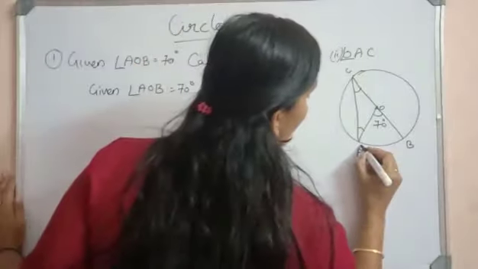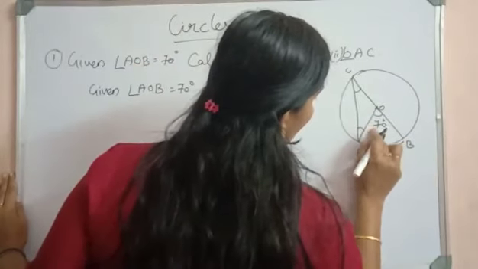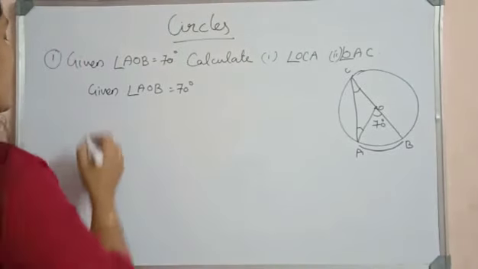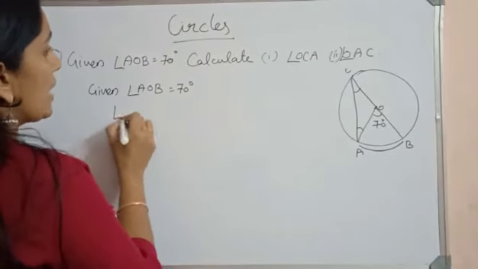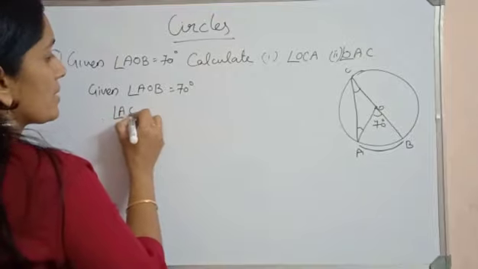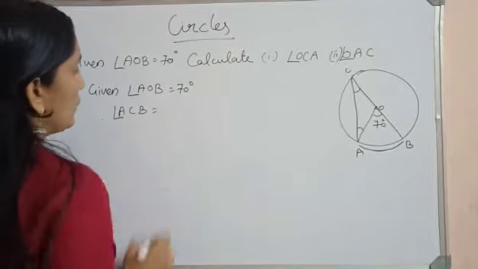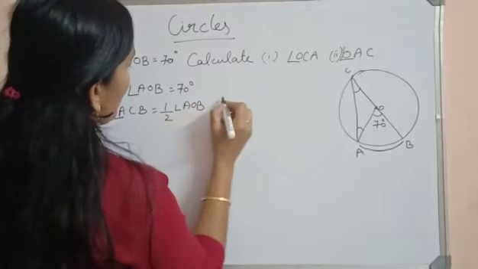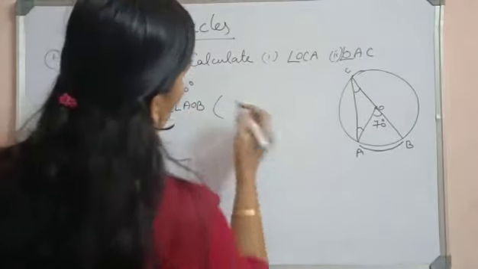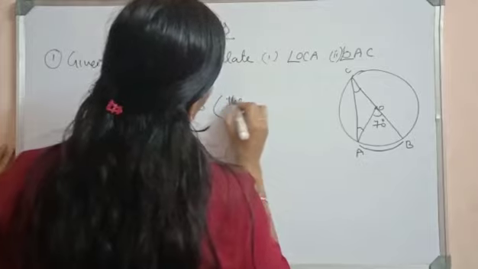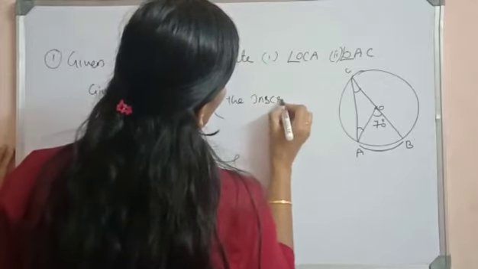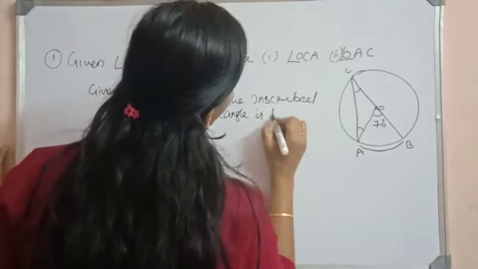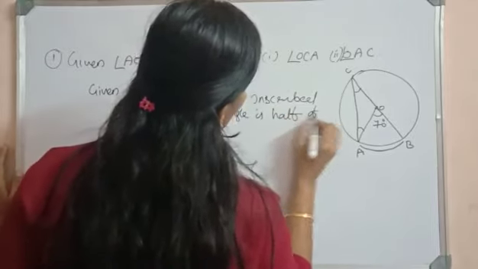Look at that. Here this AB is the arc for the central angle as well as for the inscribed angle. Therefore, we can say that angle ACB is equal to half of angle AOB. The result what we can write here is the inscribed angle is half of the central angle.